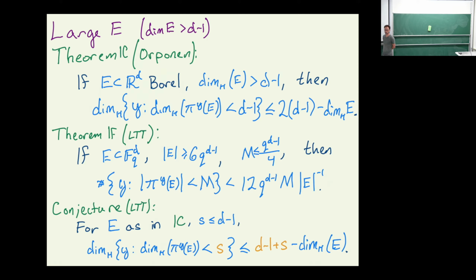If you take q fairly large, that's a good estimate for the number of points in a (d minus 1)-dimensional projective space. So the number of points from which the projection of E is much smaller than you would expect, at most a quarter of what you would expect, is bounded above by, again, basically 2 times q to the d minus 1 divided by E.